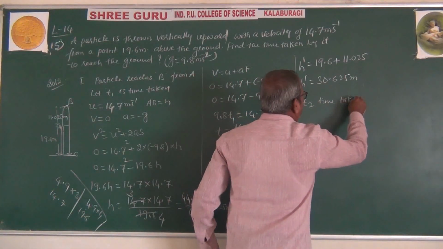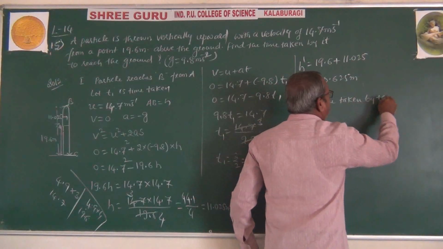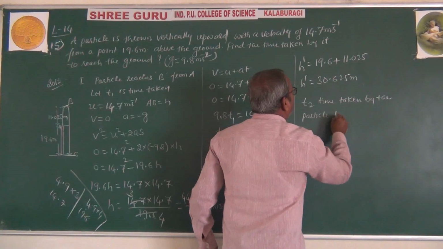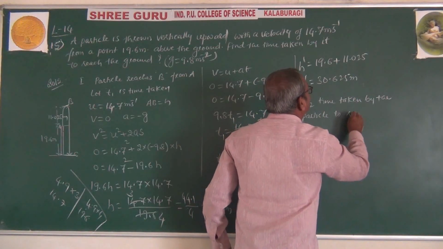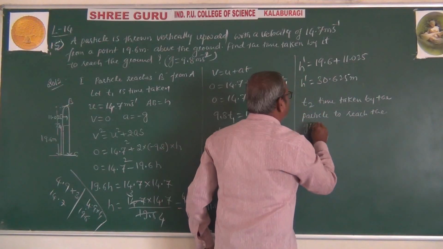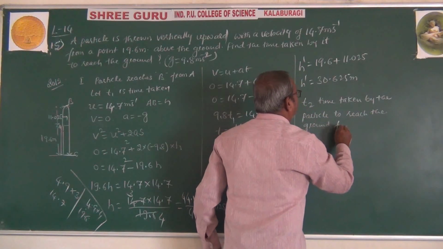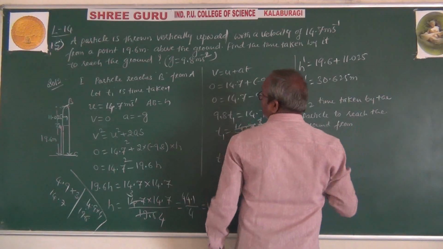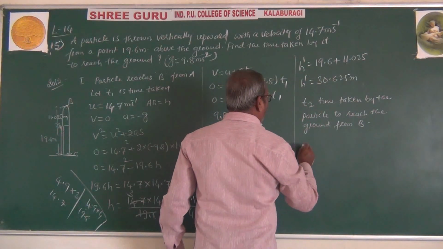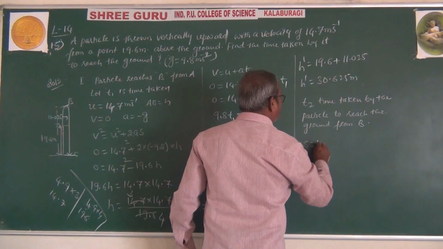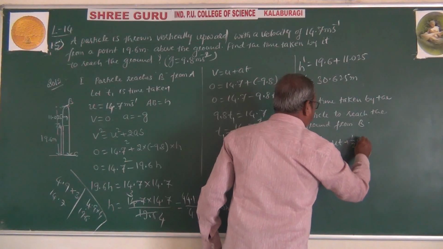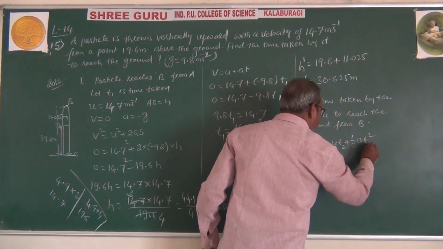T2 is the time taken by the particle to reach the ground from B. For that you have s equal to h dash equal to ut plus half at square, with t as T2.